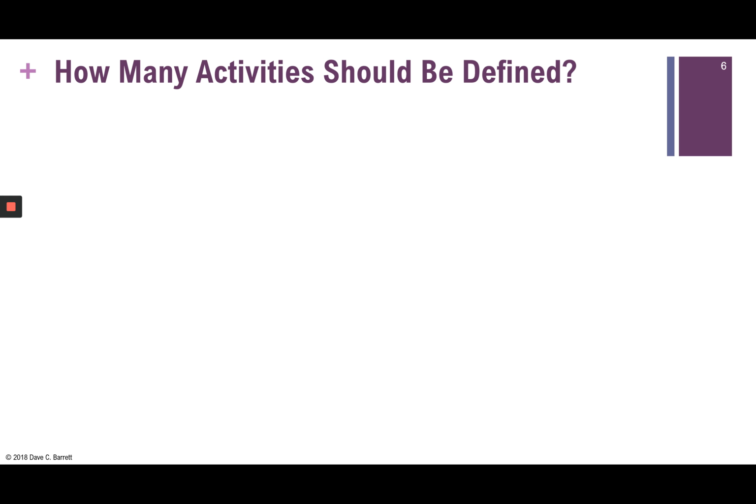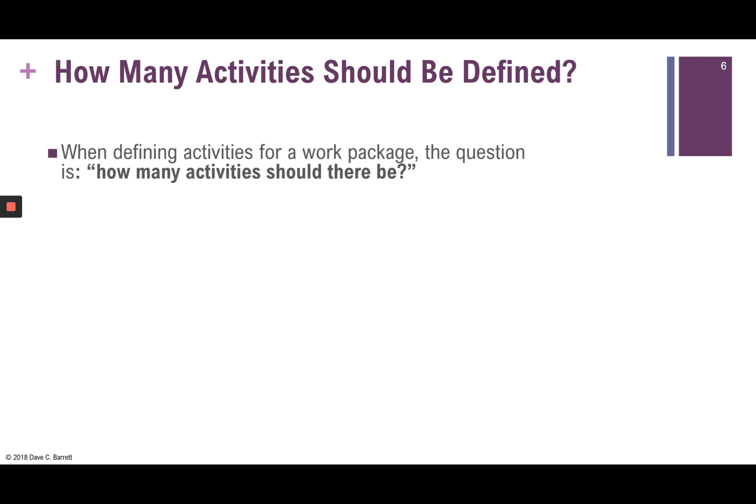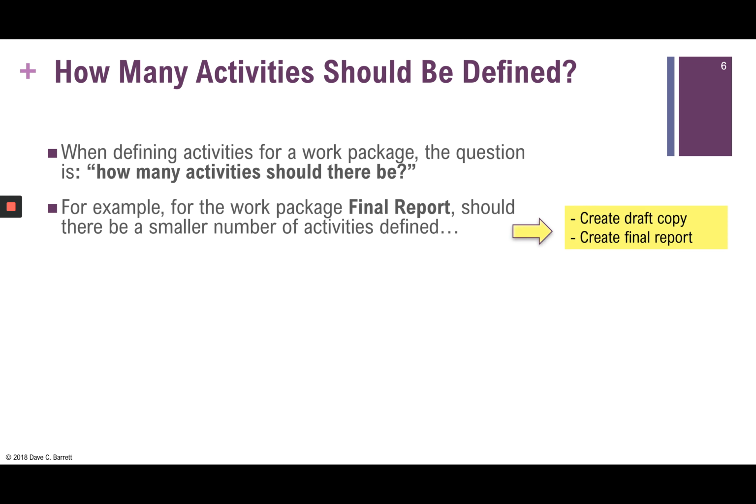Now, sometimes there's a confusion of, well, how many activities should be defined? That's the question. For example, for the work package final report, let's say we have a project where we're creating a final report.